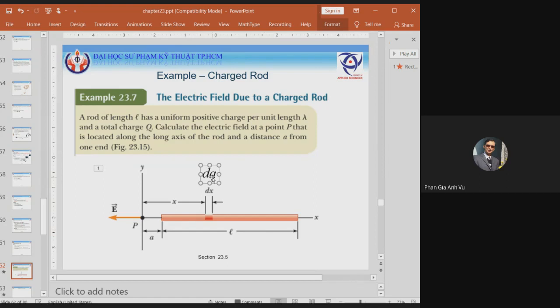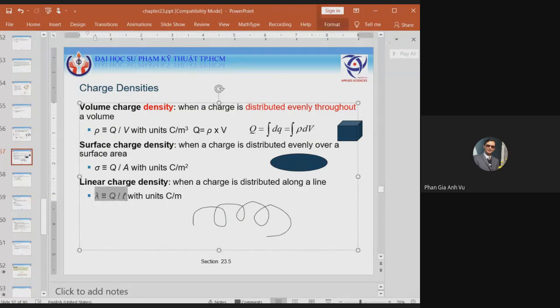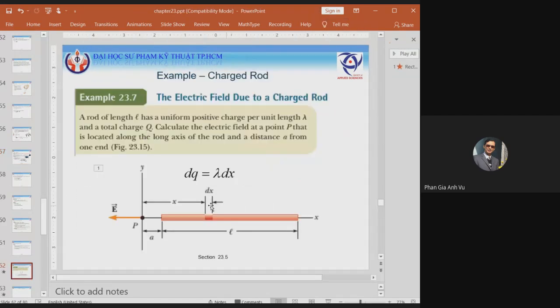Because the rod is uniformly distributed, dq is lambda multiplied with dx. Lambda is q over L, so q is lambda multiplied with the length L, but the length here is dx, so dq is lambda dx.